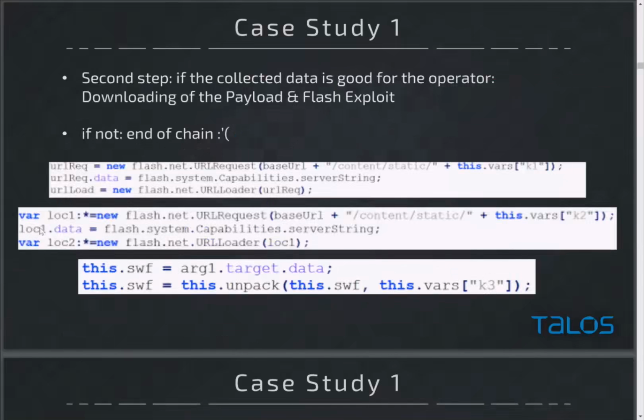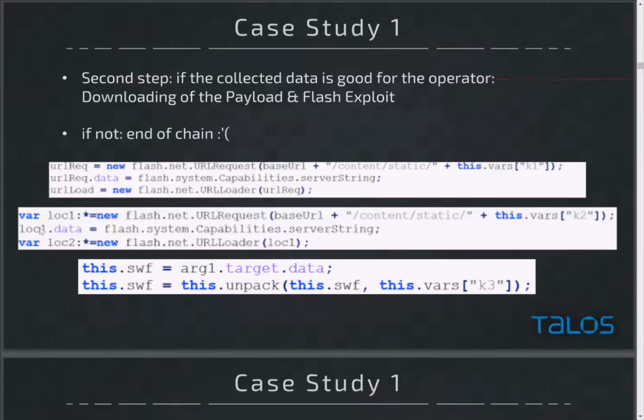If the data is correct for the bad guys, at this time you will receive a second Flash object, and this one will be loaded in memory, and it contains the exploit used to drop the final malware on the machine and execute it.